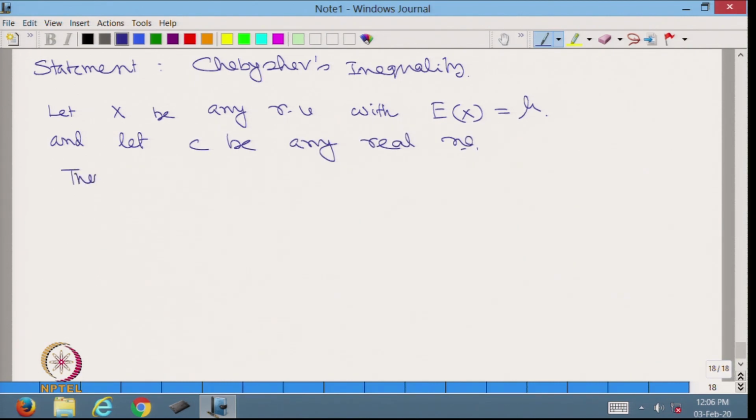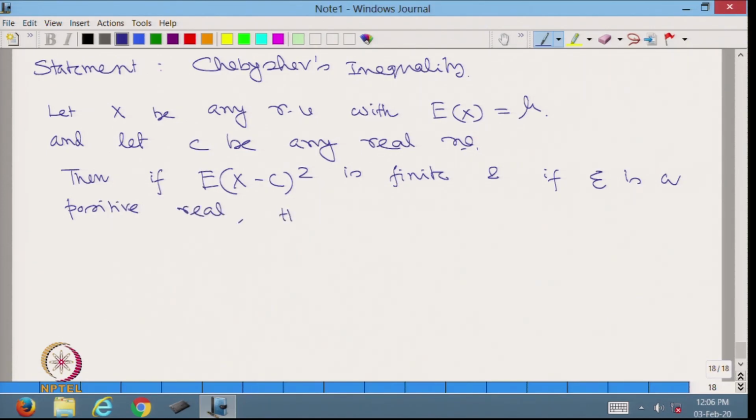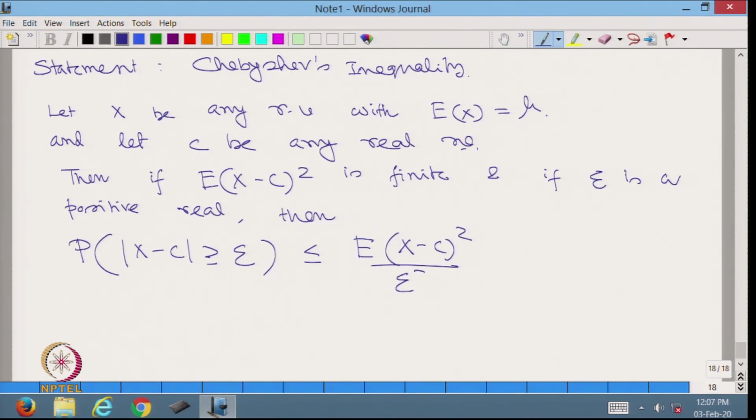Then if expectation of x minus c whole square is finite, and if epsilon is a positive real, then probability modulus of x minus c greater than equal to epsilon is less than equal to expected value of x minus c whole square upon epsilon square.